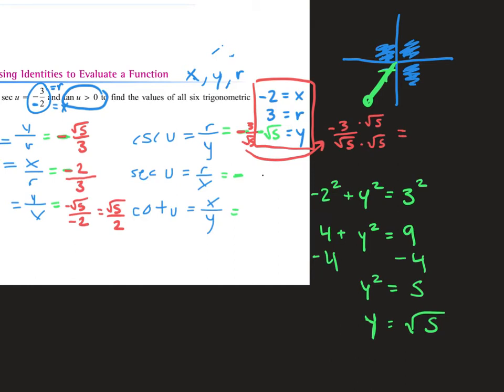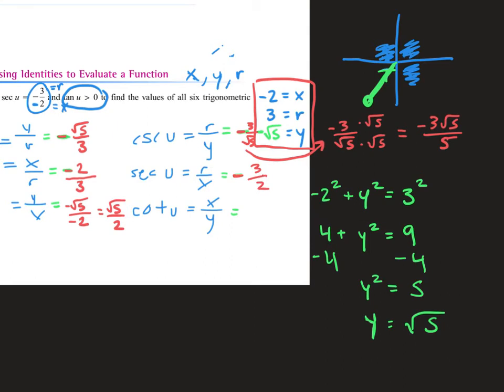Negative 3 square root 5 over 5. Perfect. All right, secant. What do we get for secant? 3 over negative 2, so negative 3 over 2.